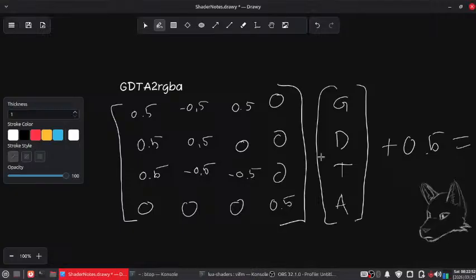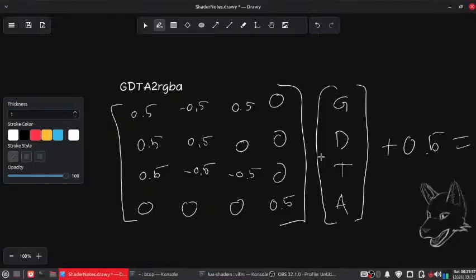Oh, decimal. I'm dumb. Cool. So it is a 0.5. Is it really 0.5? Okay, 0.5, 0.5, 0. This is a minus 0.5, 0.5, minus 0.5, 0.